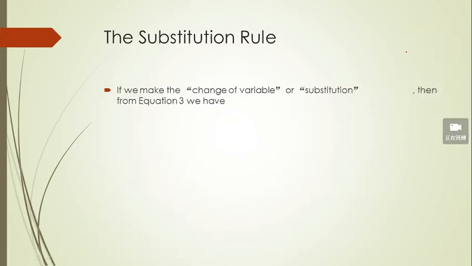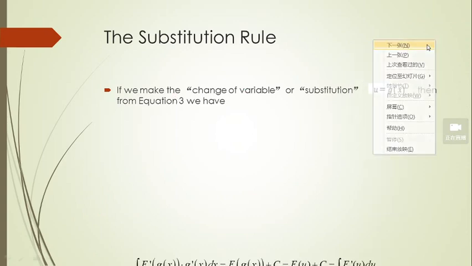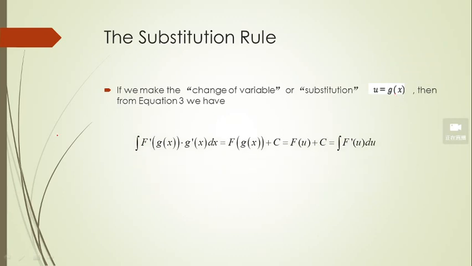That is pretty easy. So if we make the change of variable, or substitution, then from equation 3 we have this one. Here the big F prime is the same as the one we mentioned in the fundamental theorem of calculus.